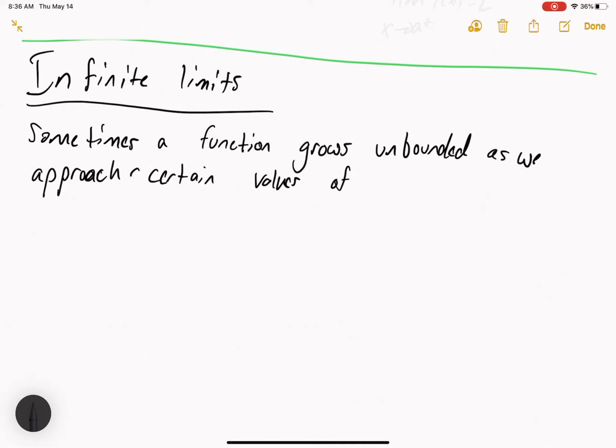Oops, we should say this: approach a certain value a, certain values of x.